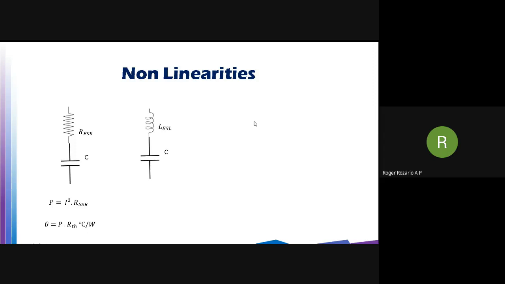What happens to L_ESL, this ESL, equivalent series inductance? Because of this equivalent series inductance, a resonance circuit is formed with a combination of L and C. The resonance frequency f naught equals 1 by 2 pi root of C L_ESL.